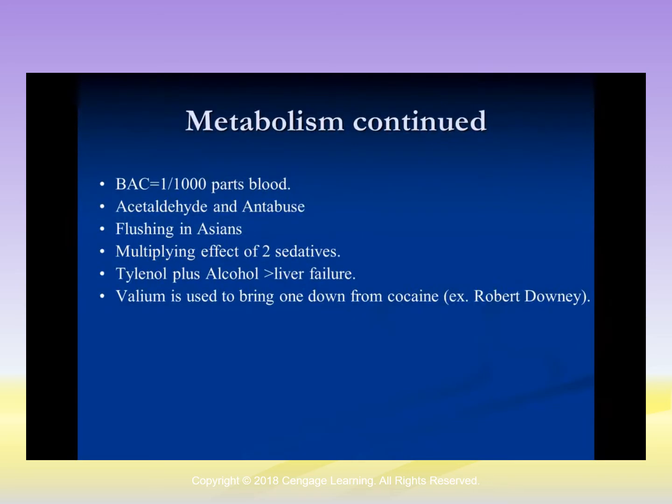So it's important during allergy season, of course, that if you are drinking, you make sure that you're spacing things apart and that you don't put yourself at risk for a DUI, even if you're not legally intoxicated in terms of BAC.